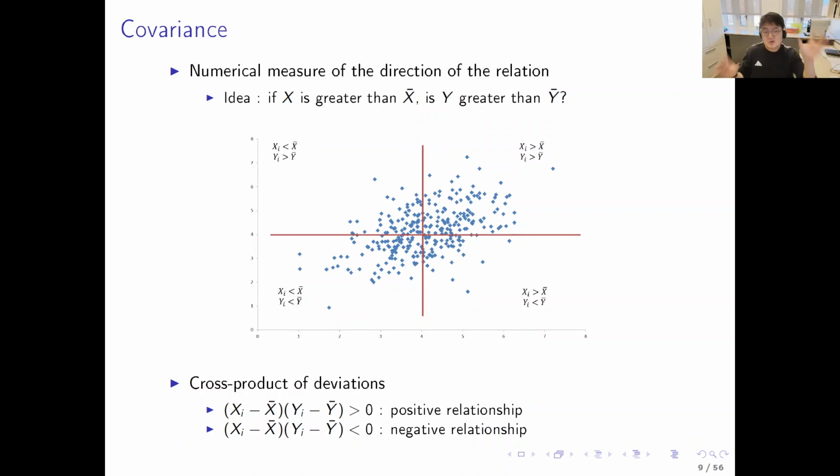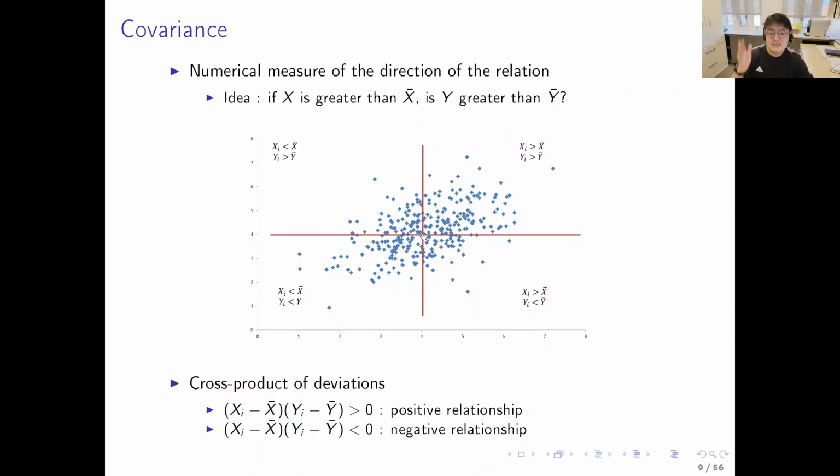When one increases, the other increases, and when one decreases, the other decreases too, as a tendency. So that means a positive relationship. If they have a negative relationship, then of course if one increases, the other will decrease. So we have to quantify that, and the idea is we are going to divide our observations into 4 quadrants.